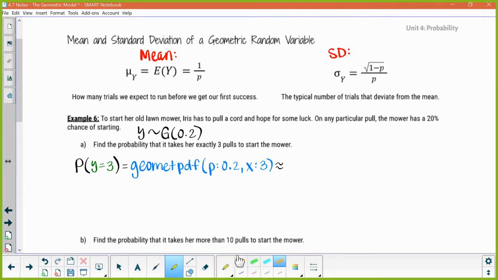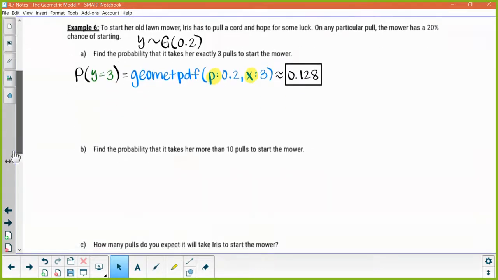Make sure that you remember to label your input values. And that gives me approximately 0.128. So PDF is for exact. It's equal to something.